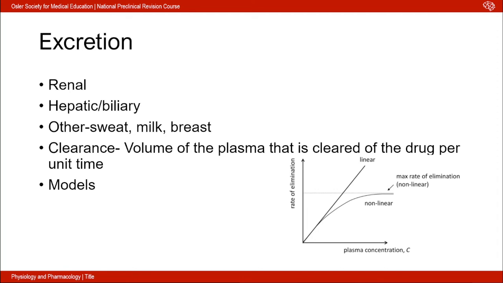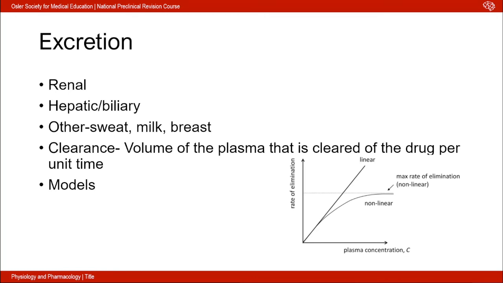And if it's reabsorbed, then this is called enterohepatic circulation, which slows the rate of elimination of a drug from the plasma, which prolongs the effect of the drug. So it's just important to remember that this form of reabsorption exists, and we need to account for it in our models in terms of predicting the clearance of a drug.